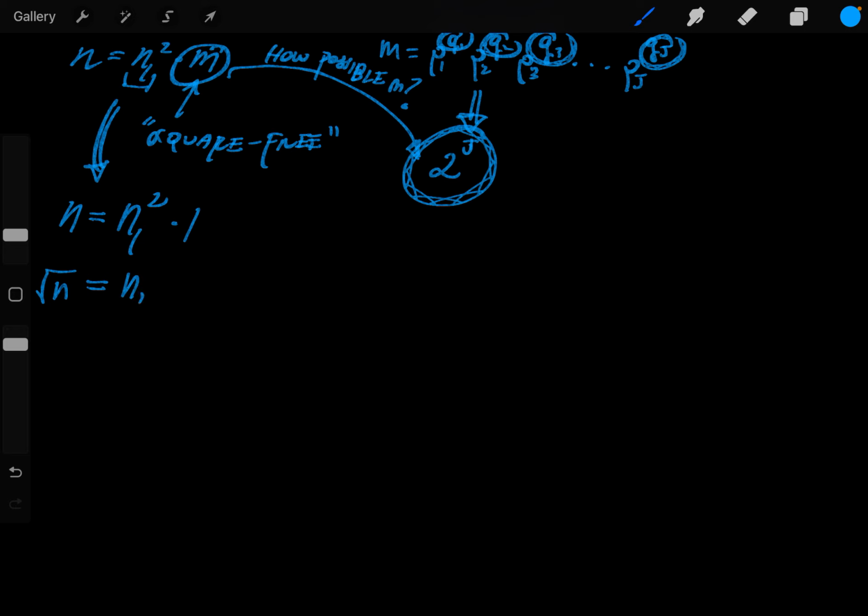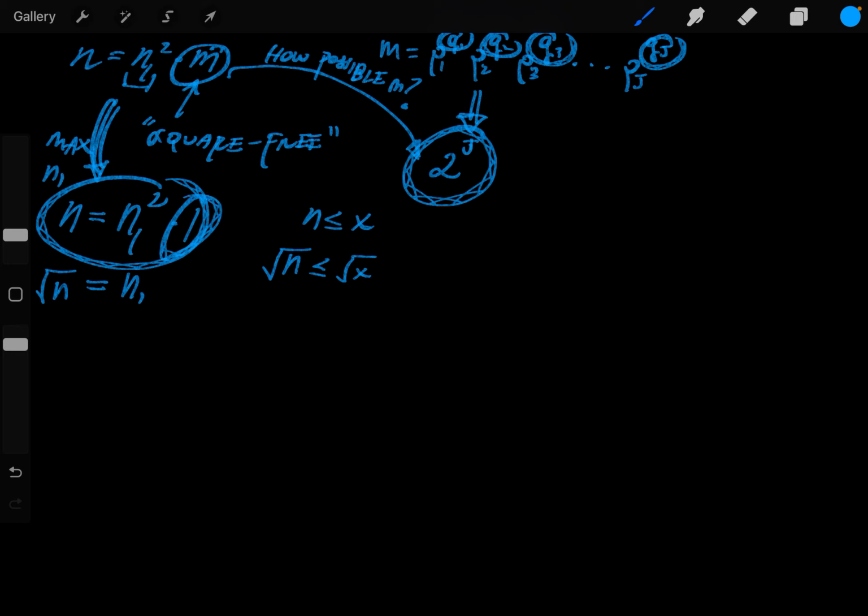Then I have something further, that n is guaranteed to be less than or equal to x. So the square root of n is less than or equal to the square root of x. Now putting this all together, this is maximizing n1. If m is a minimum, it maximizes n1.